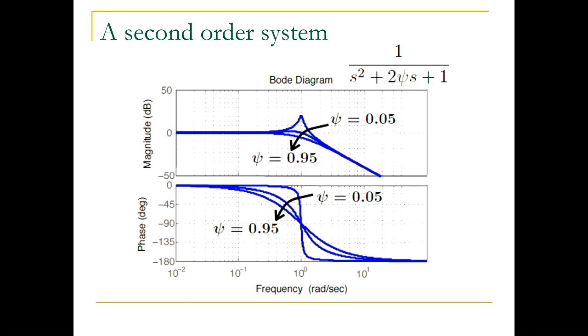What does this resonant peak mean? If I hit my system with exactly that frequency, then in steady state, the output would be magnified a lot. I don't know whether you like Mythbusters, but there was this myth that if soldiers walk across a bridge in step, that would create a sinusoidal force at a certain frequency.